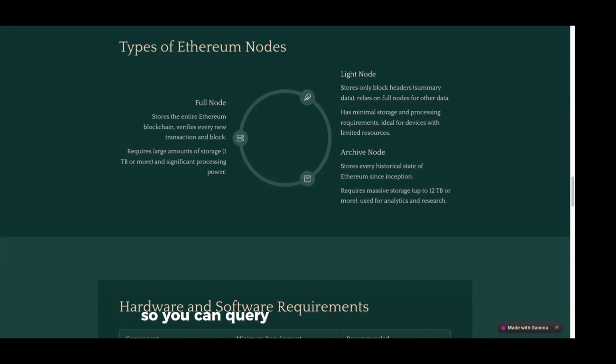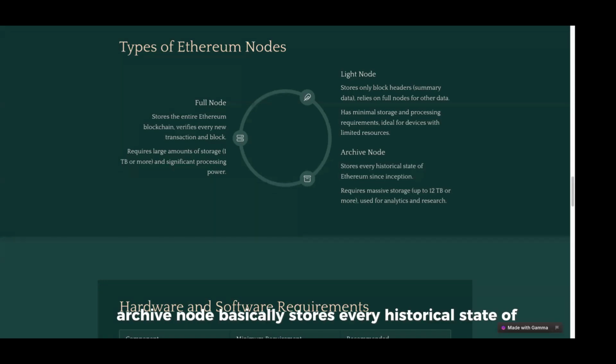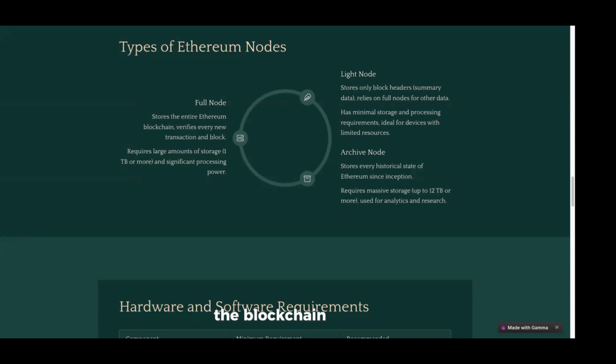You can query the entire history from the genesis, from when that blockchain started accepting transactions. The archive node basically stores every historical state of the blockchain since it went live, since inception.